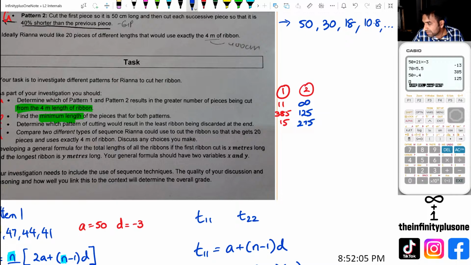So you probably need to write a statement that says pattern 2 is going to waste more material. It's going to waste 275 compared to 15 by pattern 1. In terms of number of pieces, pattern 2 has an infinite number of pieces. Pattern 1, you can only go up to 11 pieces.